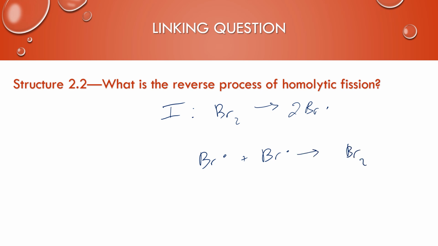Well, this is effectively a termination step where you have 2 radicals coming together to form a non-radical product. You call that combination. Some people call that synthesis, where you're combining the 2 separate elements into one. But it's effectively a termination step because you're eliminating the radicals.